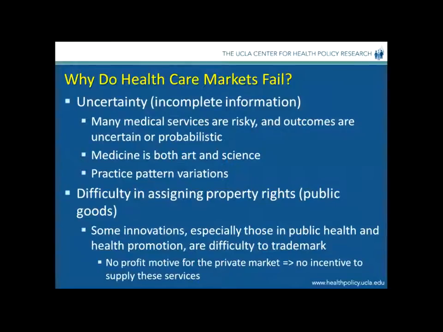Anyway, getting back to the uncertainty, this is why we have practice pattern variations. John Wennberg is really a pioneer in this area and wrote a definitive article years ago about small area variations.